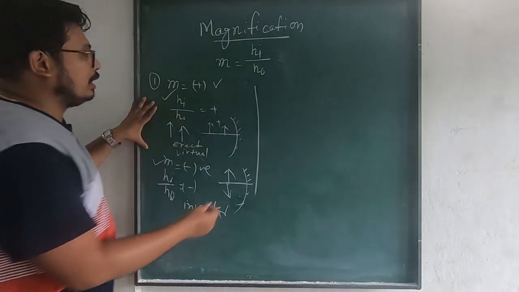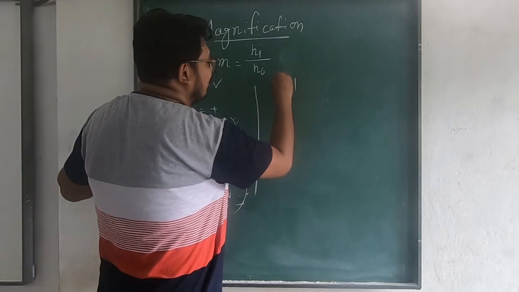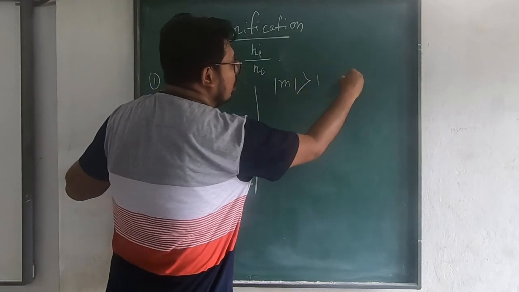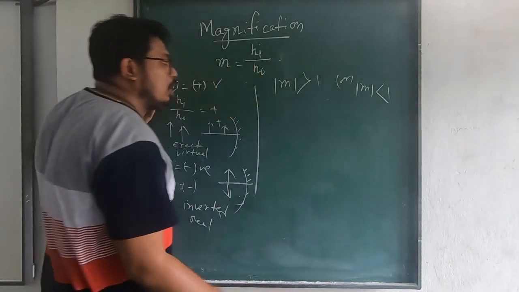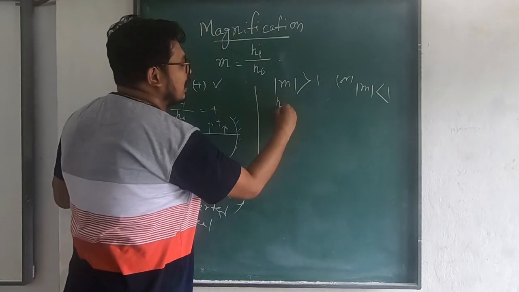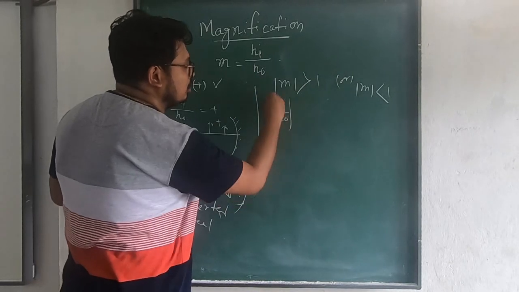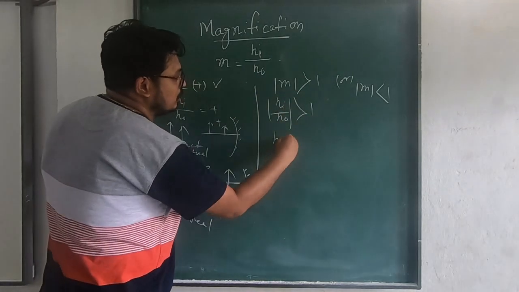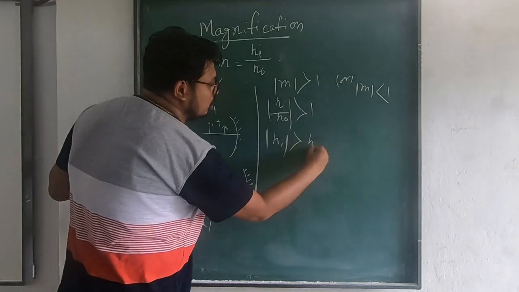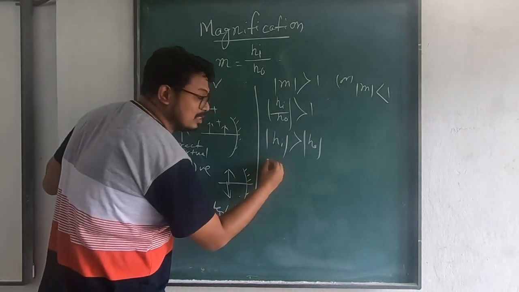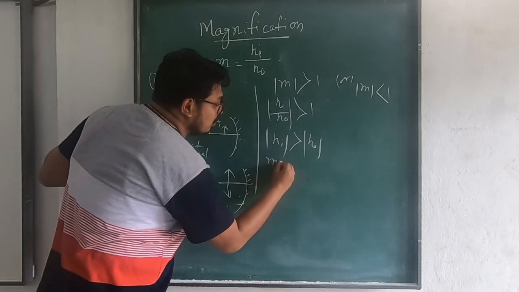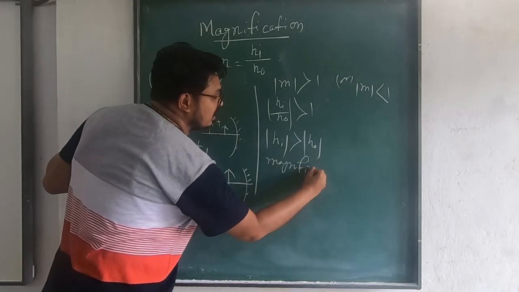Another way is whether the value of mod m is greater than 1 or less than 1. What do you mean by greater than 1? You know, height of image by height of object will be greater than 1. That means the height of the image will be greater than the height of the object, so it is magnified.